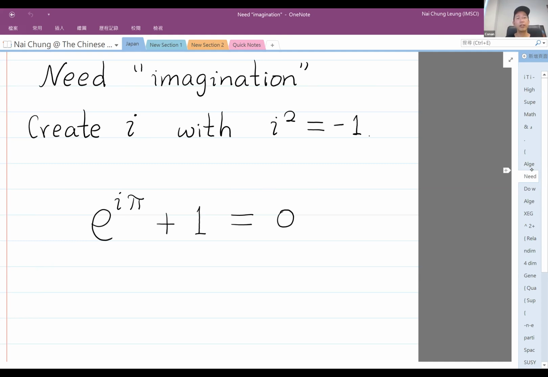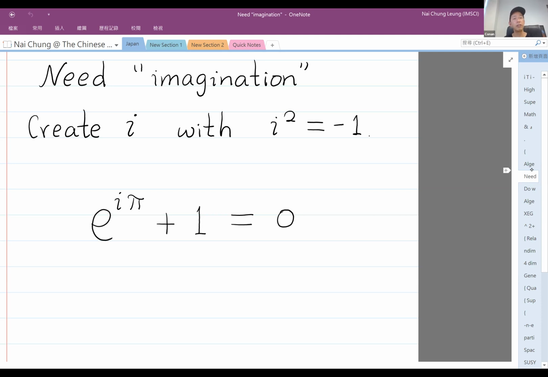In fact, more than that, many polynomials can be solved. Any polynomial of degree n will have n solutions if you allow this i already, so that you don't have to create any more. Just one i is enough.